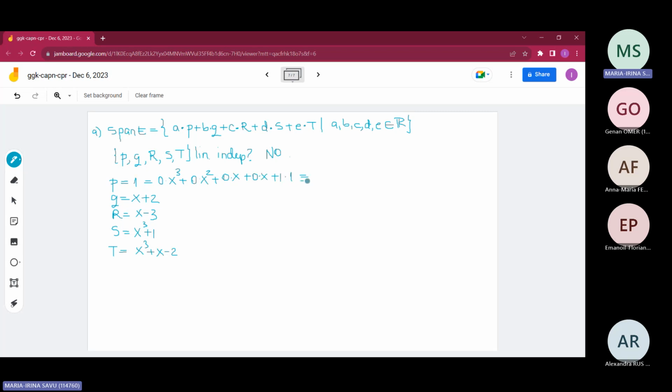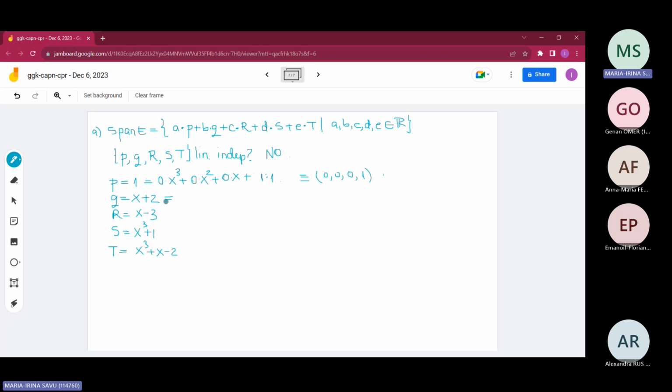So actually, this will correspond to 0, 0, 0, 1, but written on a column. Sorry, I was thinking of R4. Okay, so this is the vector.